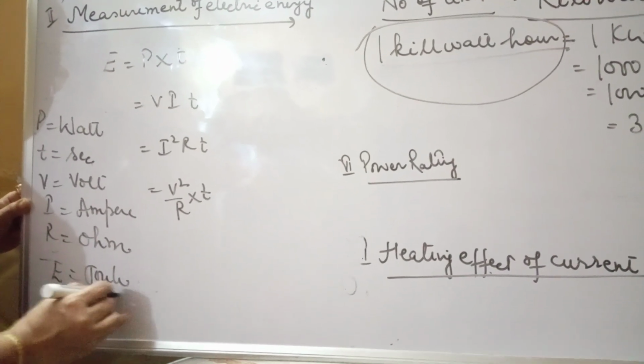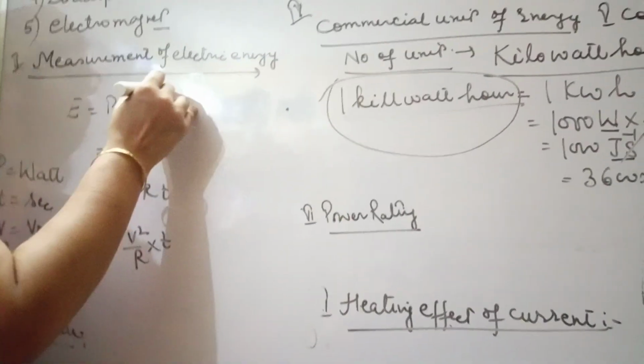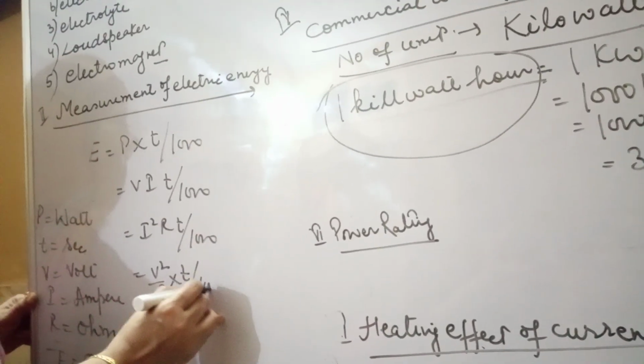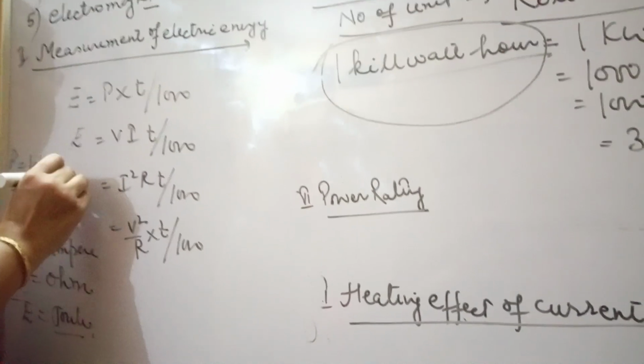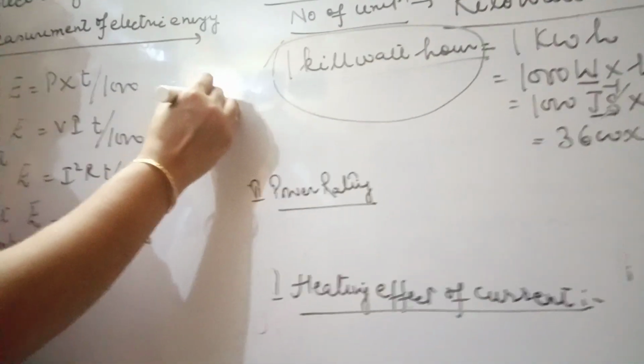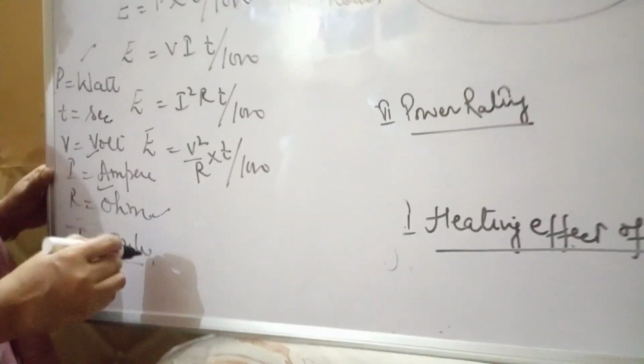Remember that. But if you do two changes: first, divide any formula by 1000, you can pick any formula according to your requirement. Second thing, time should be taken in hours. Other units are the same: power in watt, potential difference in volt, current in ampere, resistance in ohm.